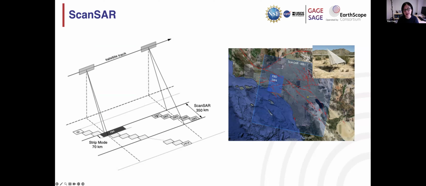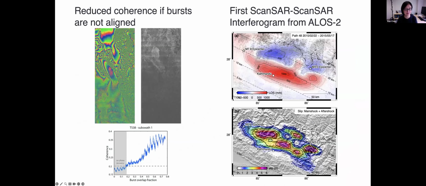If it flies over in ScanSAR mode, and a pixel was covered by subswath 1, hopefully in the next ScanSAR coverage that pixel is still covered by subswath 1. If there is a mismatch between the subswaths, then the look angle changes, and you start to lose phase coherence. And here's an example of an ALOS ScanSAR image.